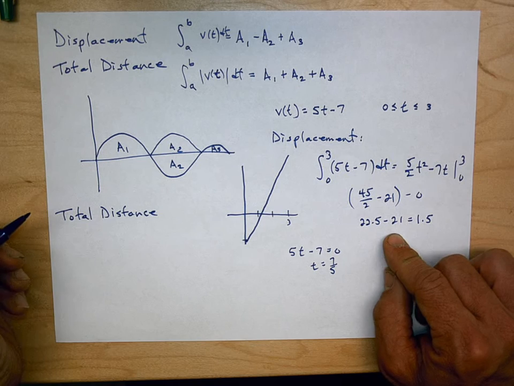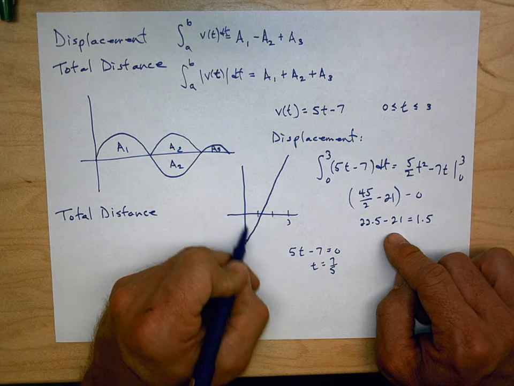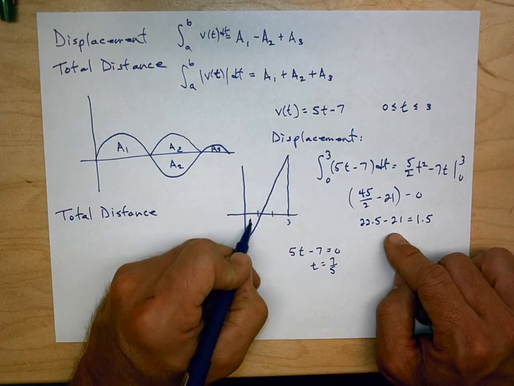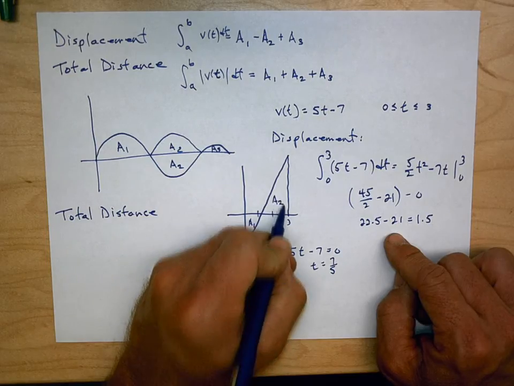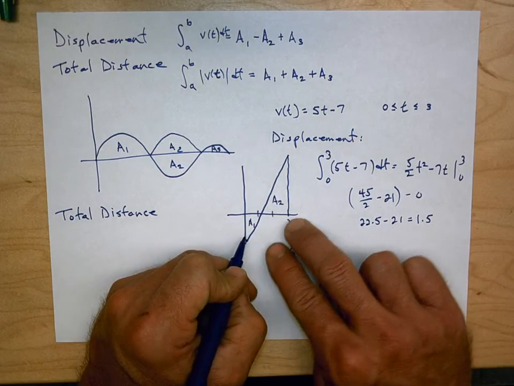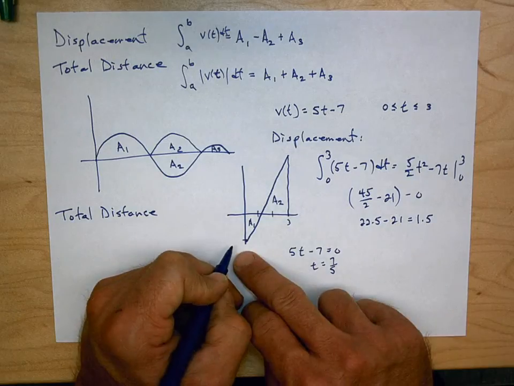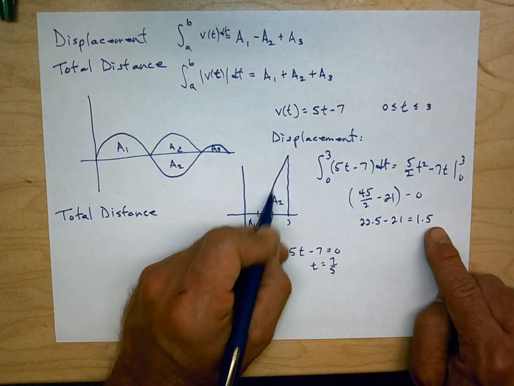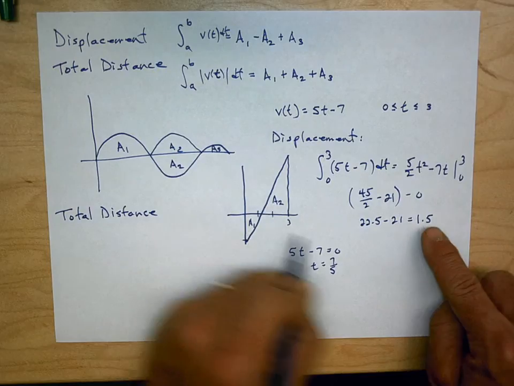All right? So this part's going to be negative, and if we're looking at the area, this area, A1 will be negative, and A2 will be positive. And so you can see that when we just go straight across from 0 to 3, what we're left with is 1.5. This area is 1.5 bigger than this one. That's what this displacement tells us.